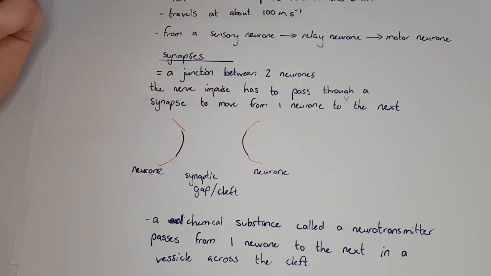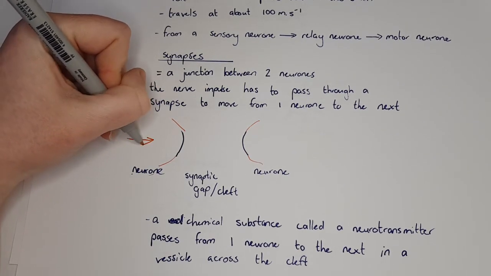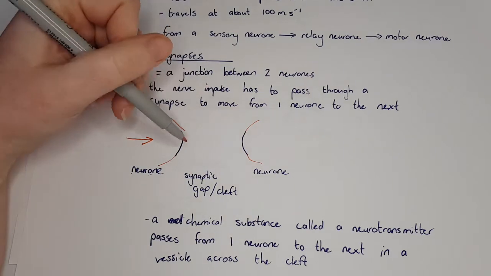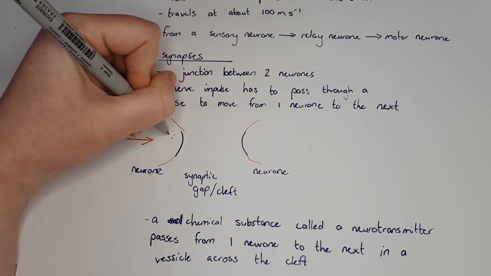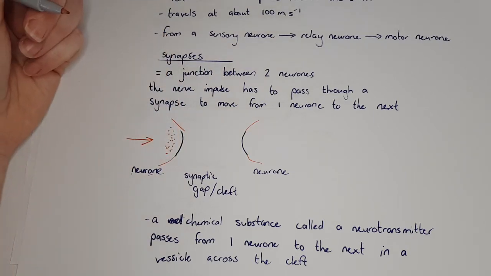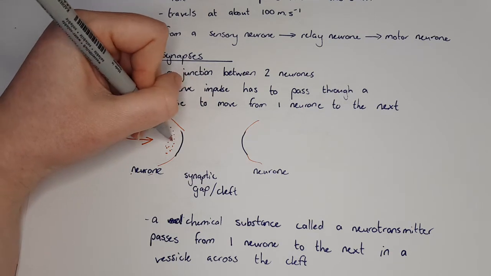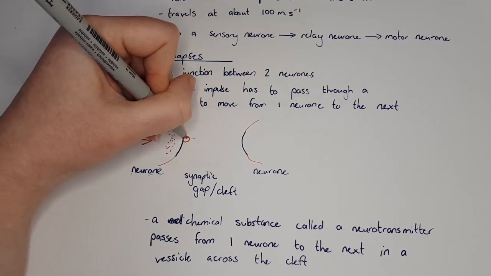But that's what I'm talking about when I talk about the electrical impulse. So now that impulse moves from one side of the neuron, and now it has to cross this gap. It's going to do that by having a whole bunch of chemical substances on one end of the neuron, and those are going to leave in a vesicle.